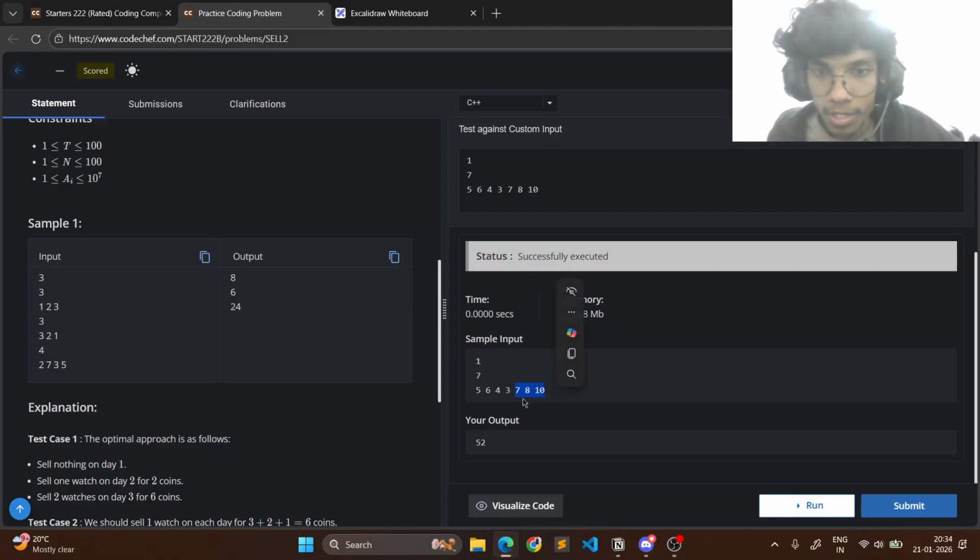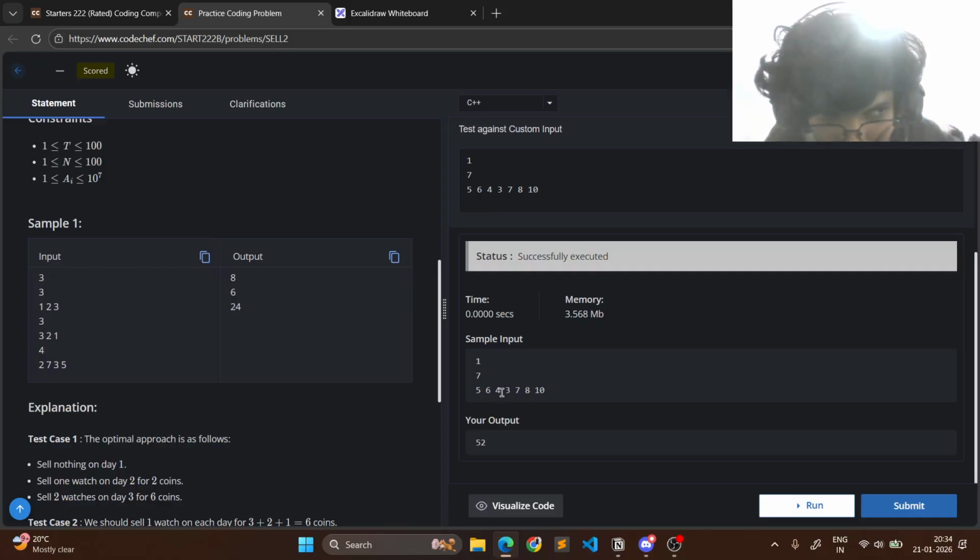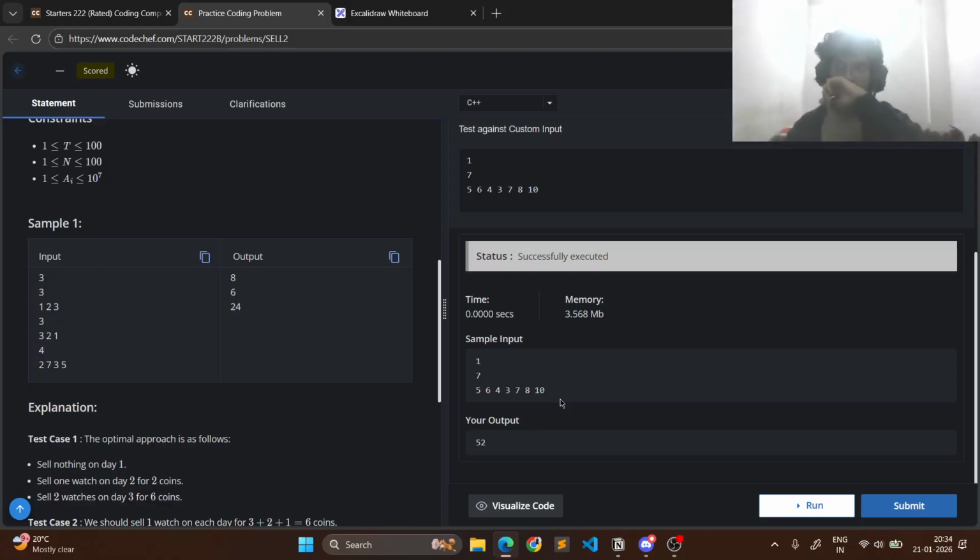So 20, 28. This is 19 plus 28. So this is anyways wrong, no? Because this was 12 plus 16 plus 19 and 8 is what? 19 and 8 27, and then 47 it is. Yeah, so it should be 47.